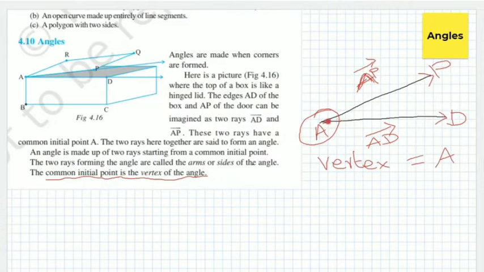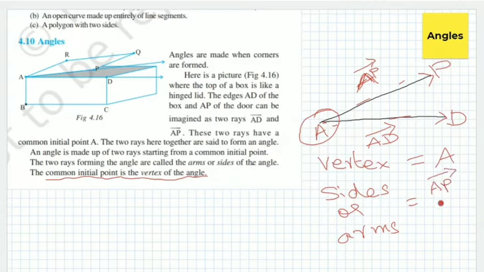Then these two rays are called the arms or sides of the angle. So sides or arms of this angle will be AP and AD. Clear? Okay, then we are coming to naming the angles.